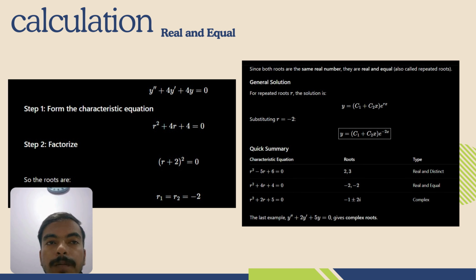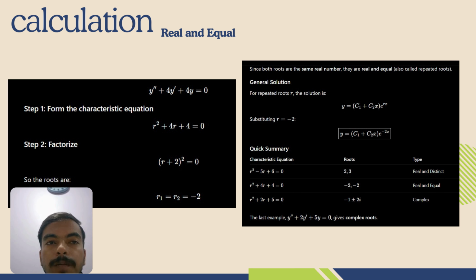Then step 2 is we must factorize by using the calculator. As we can see, after we factorize we will get r plus 2 power of 2 equals to 0. That means the r1 and r2 are the same value, as we know, negative 2. Then for the question, the r1 and r2 are the same.